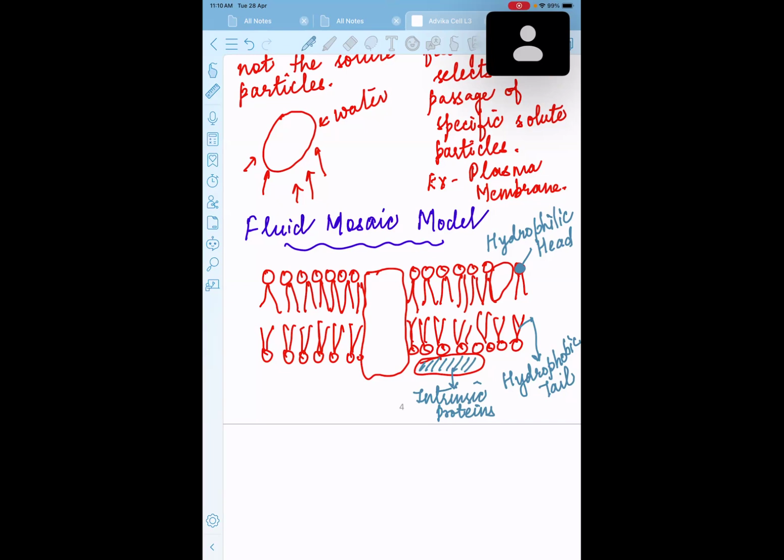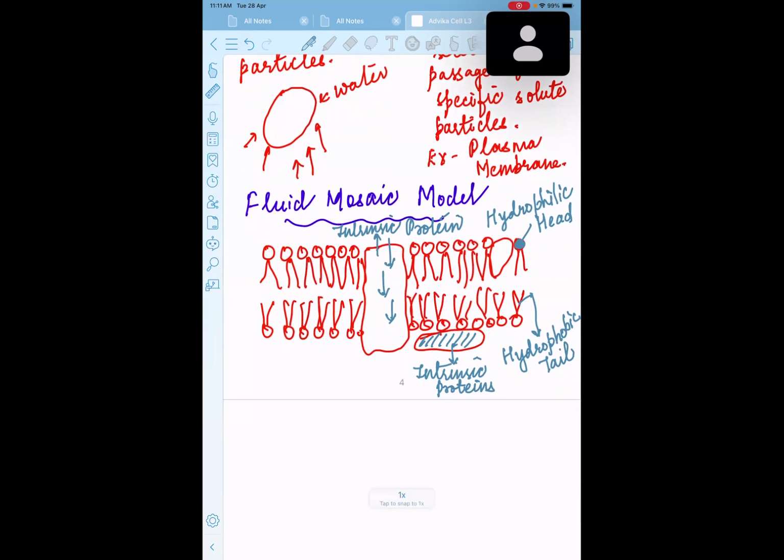It acts like a communication channel. Same way, here in the center these are also intrinsic proteins. So the substance will come out directly here, and then can go to the next channel. Clear? Yes, ma'am.